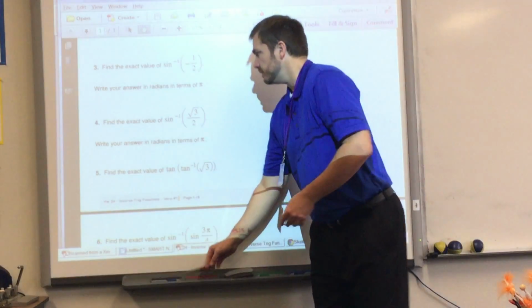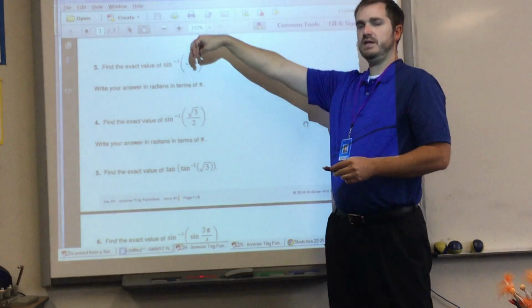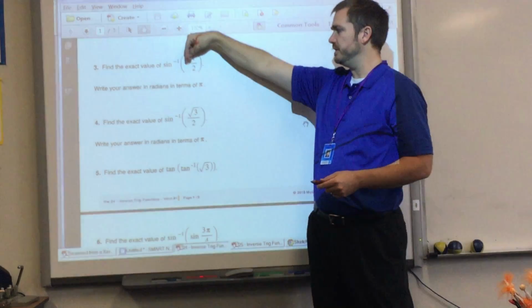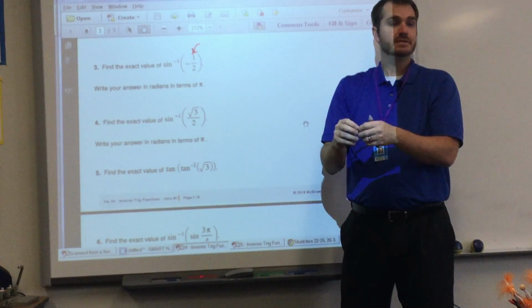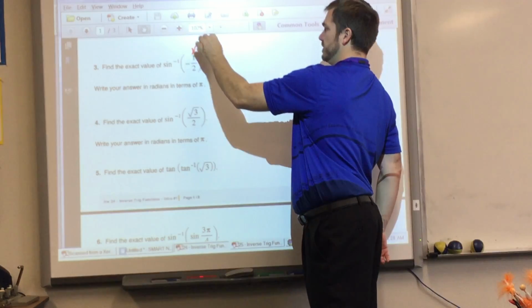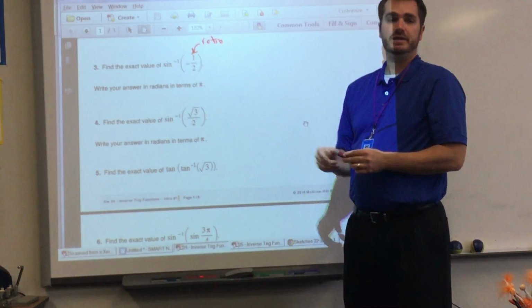Okay? Now, let's be very clear. This thing right here that we're feeding the inverse sine, the input, is what type of information? It's a ratio. More specifically, this is the ratio of what over what?